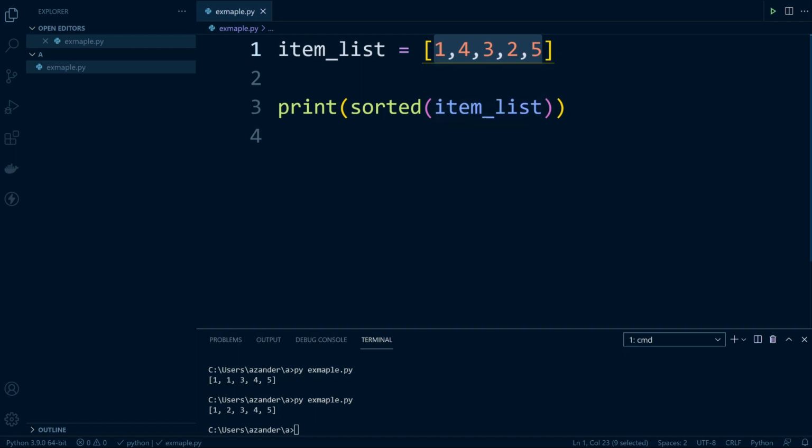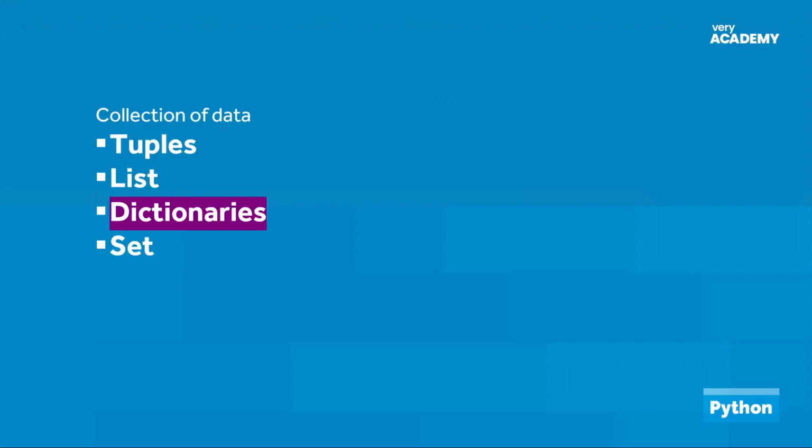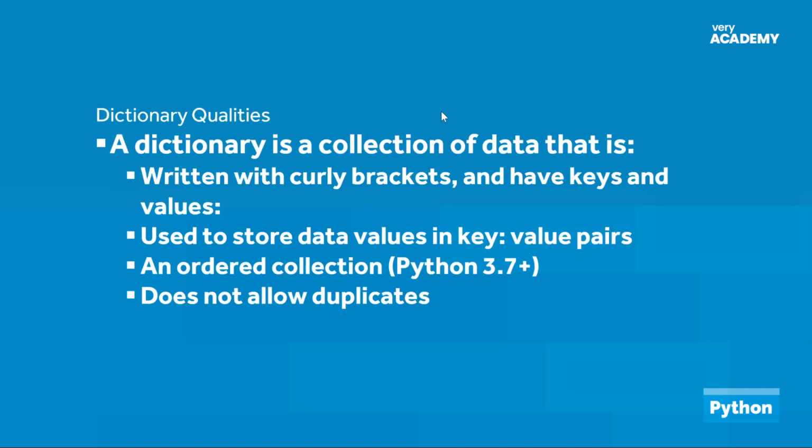So on to our final collection data type, dictionaries. Let's take a look. This is slightly different. A dictionary is a collection of data that is written with curly braces. So here we've got a different way of creating a collection type. We've had the parentheses and the square brackets, and now we're using curly braces.